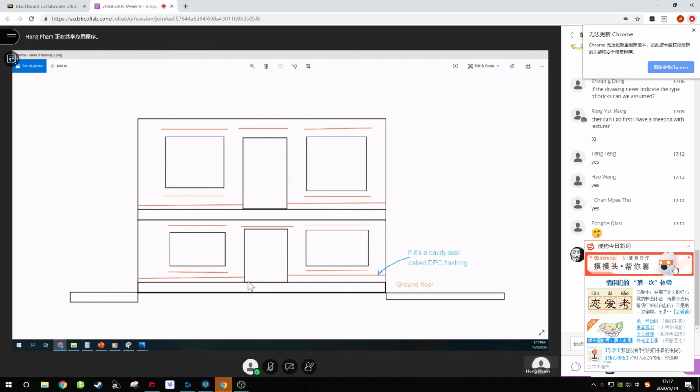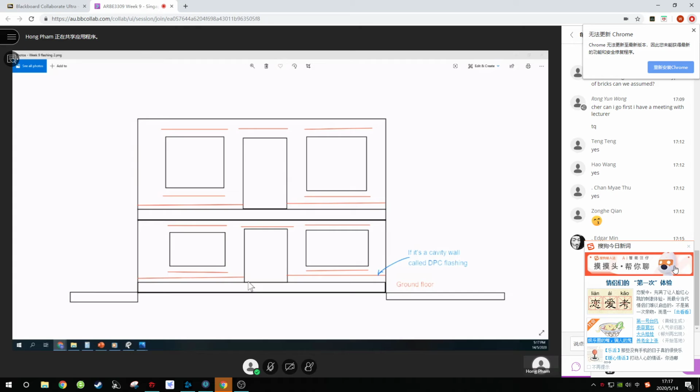Anytime it's a window, correct? As long as it's a window, you need to have a top and a bottom of the window flashings. You're right. So how do you get this flashing? You have to see the plan of the buildings, and you draw a perimeter line along the external walls of the buildings.